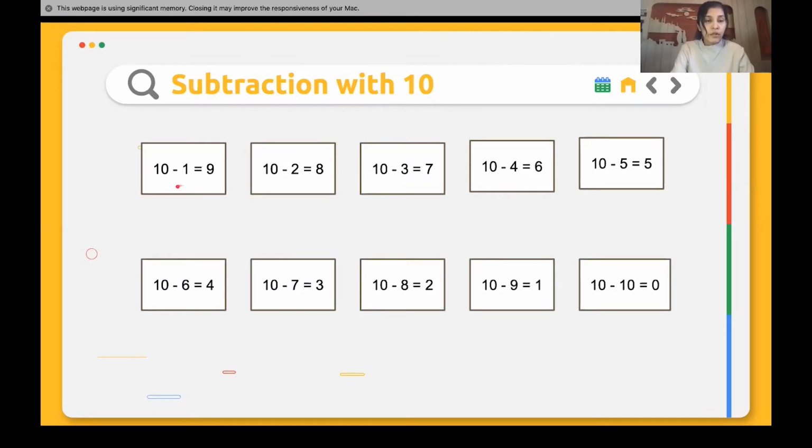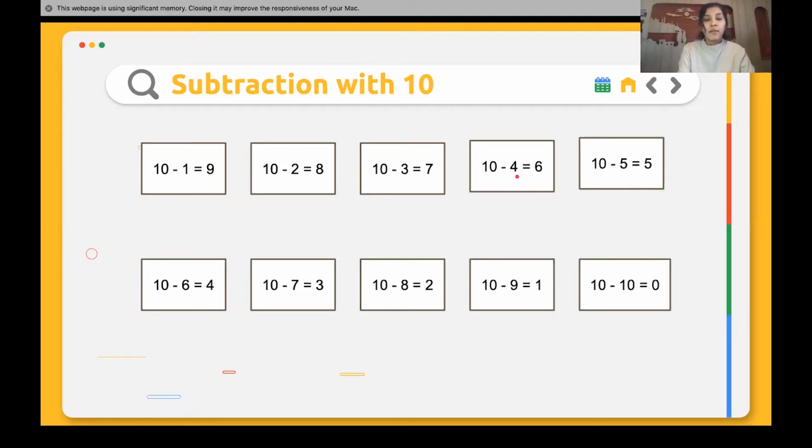So you have to have one card that says 10 minus 1 equals, and then the answer in the back of that card, so 9. And your next one would be 10 minus 2 equals, answer on the back, 8. 10 minus 3 equals 7.